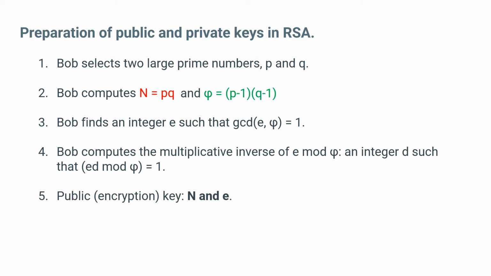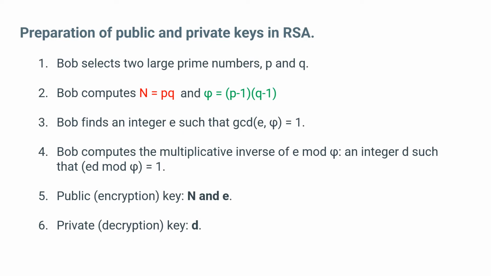Okay, so he's going to give out N, and he's also going to give out E. Then what he needs is just to know this multiplicative inverse of E mod phi, which is D. And remember, the public can't find that, because they don't know phi. They have not been told phi, so they can't find the multiplicative inverse of E mod phi.